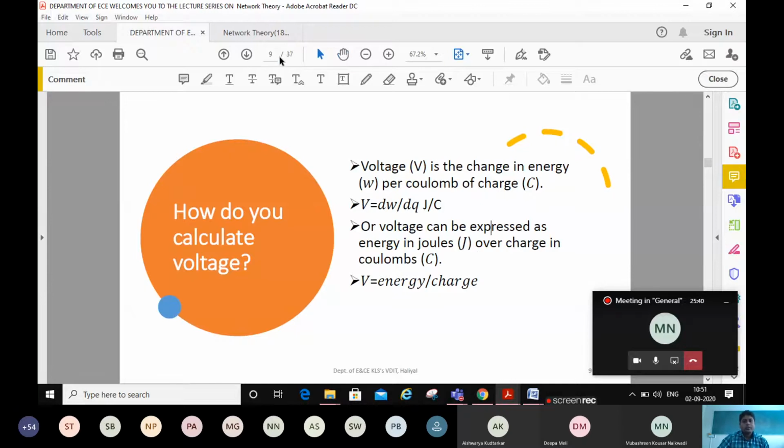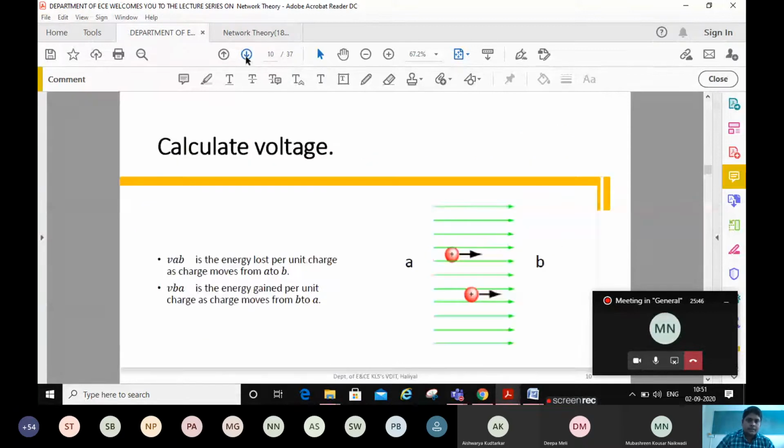Okay, depending on that, we can have a very small quiz here. Suppose you have two points, A and B, and you want to measure the voltage across them, with point A here and point B here.